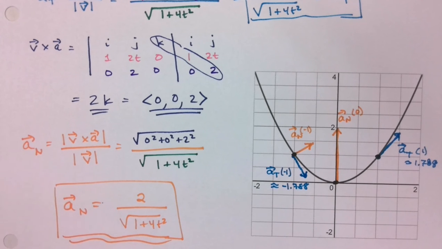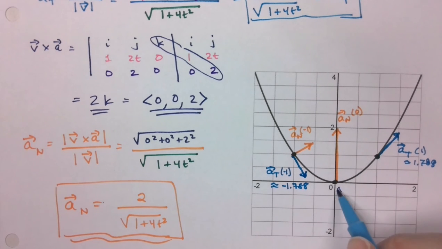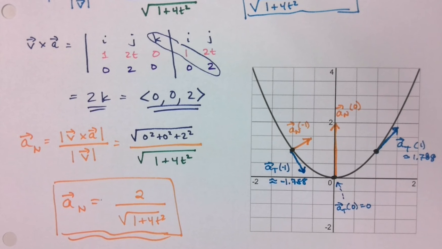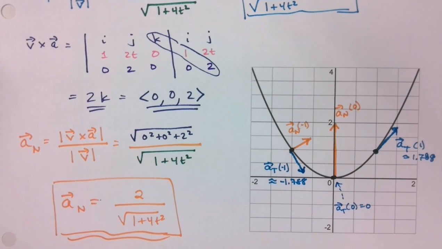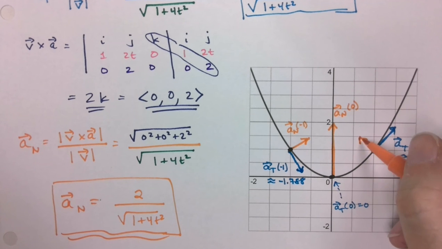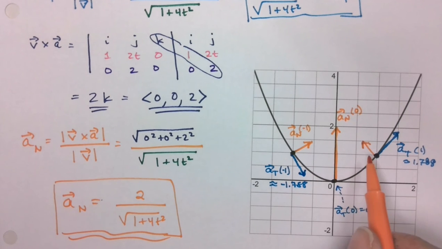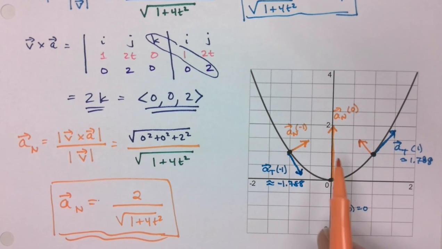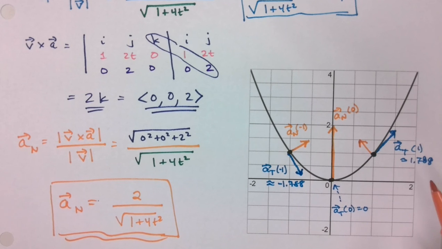Because there is no tangential component to acceleration there. And then over here, it's also 0.894. So I should also make it smaller on this side, like that. These two orange ones should be the same size, just like the two blue ones should be. That's just because this parabola is symmetric, and I picked -1 and 1. If I had picked 1 and like 2, they wouldn't have worked out that way.